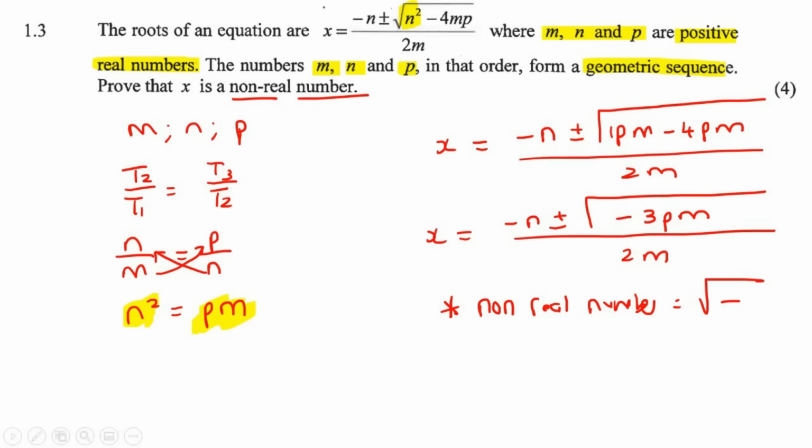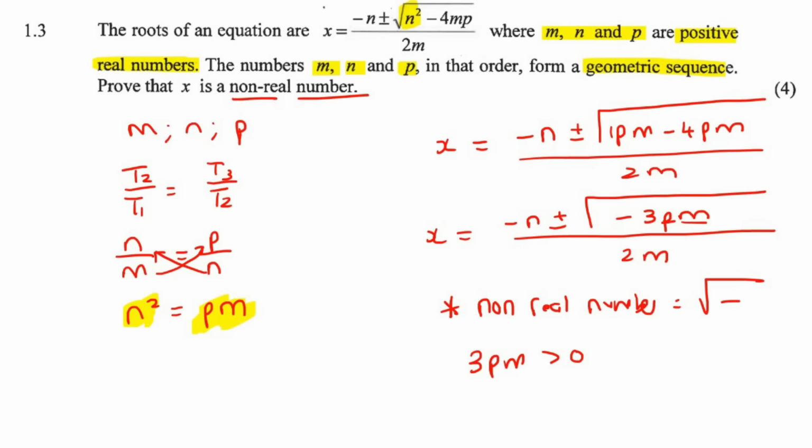So they told us that P and M are positive. Remember that. They said P and M are positive. So we know that this part over here is going to be positive. Why? Because if P is positive and M is positive, then 3PM is also positive. So we can say 3PM is bigger than 0, not even bigger than or equal to, because they said that they are positive numbers.